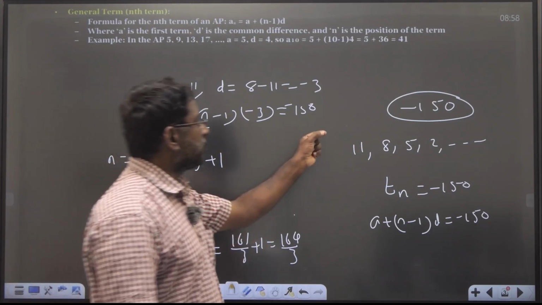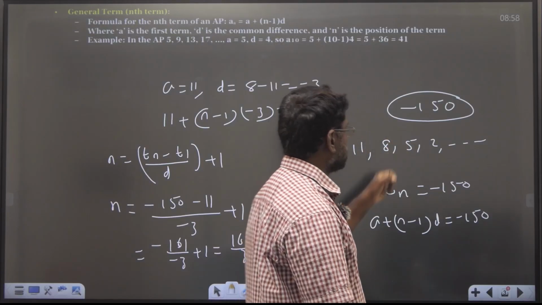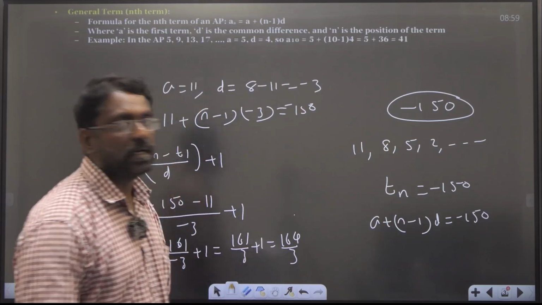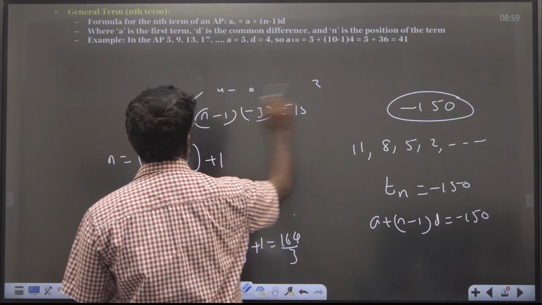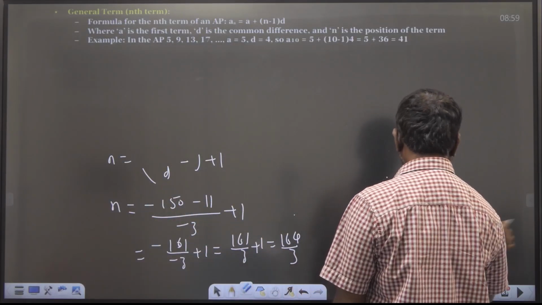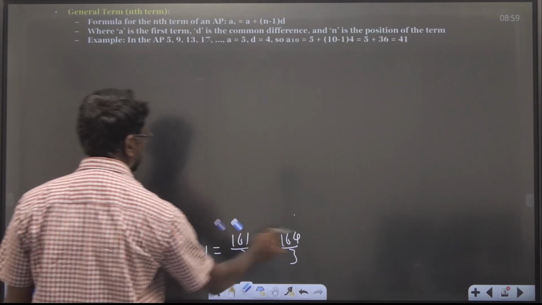So the number negative 150 is not in this sequence. This is the method. If it is a counting number, then the number is in the sequence.